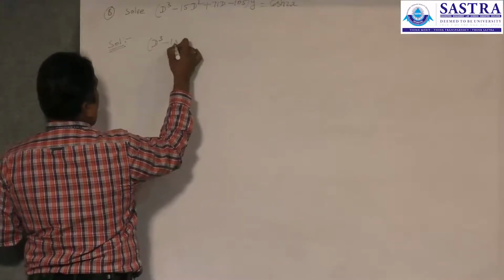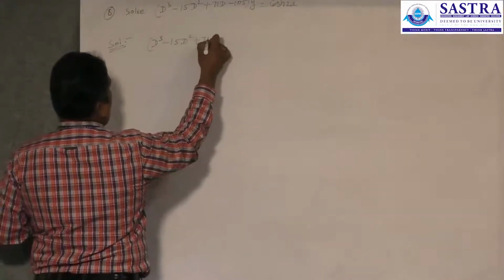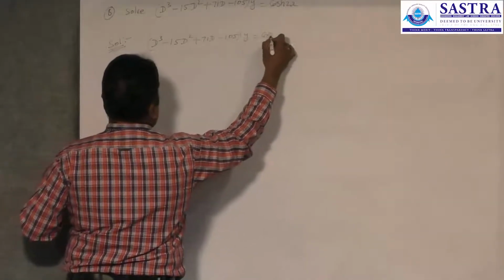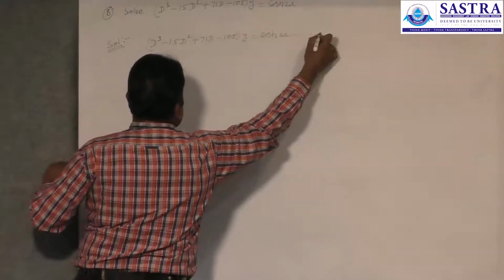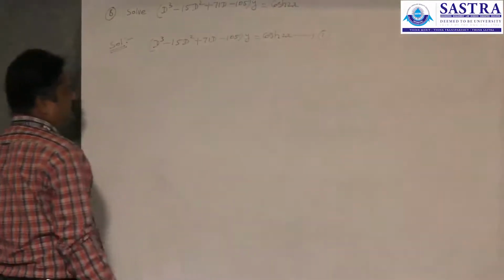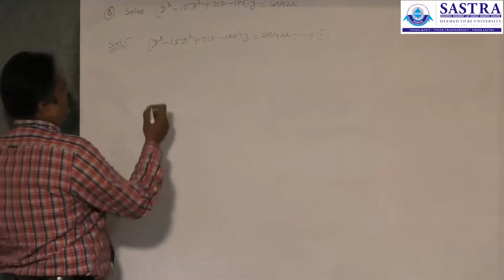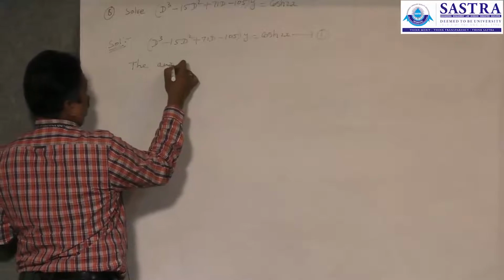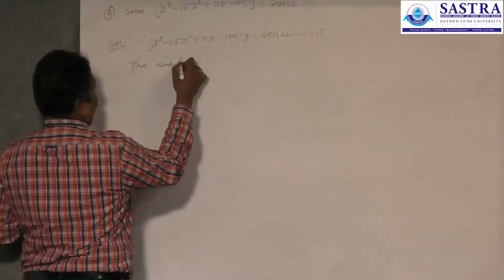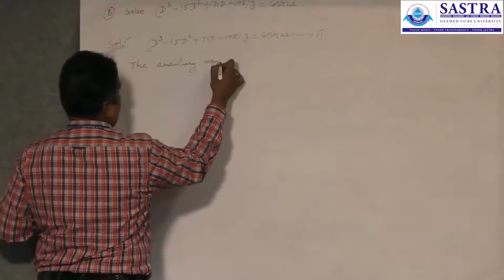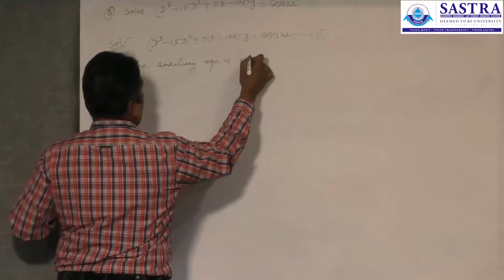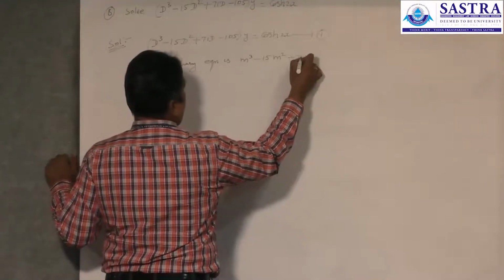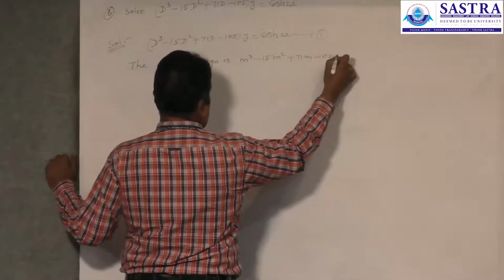D cube minus 15d square plus 71d minus 105 whole thing into y is equal to cos h to x. The auxiliary equation is m cube minus 15m square plus 71m minus 105 is equal to 0.